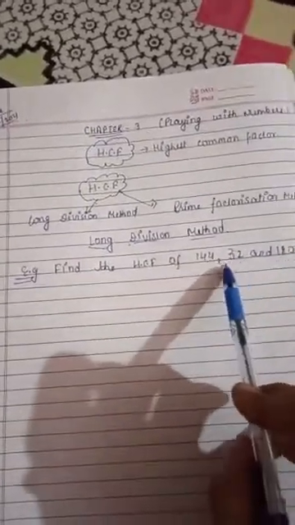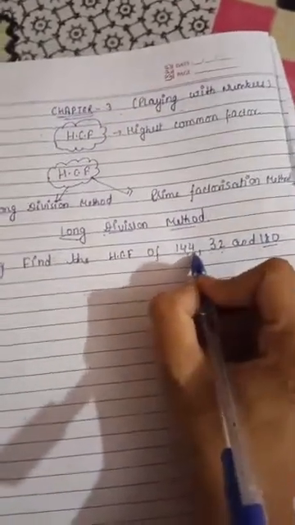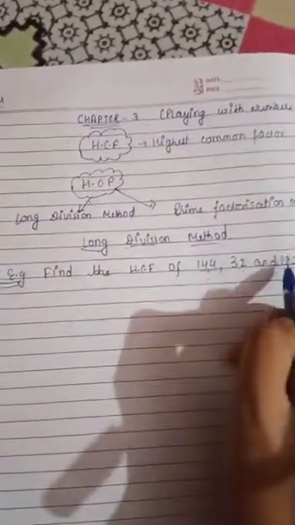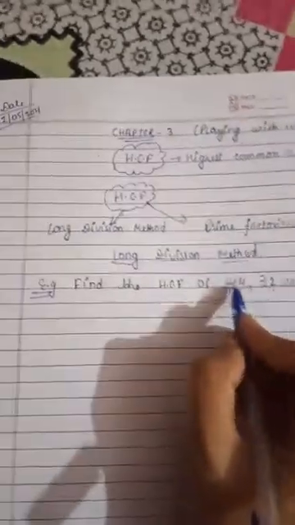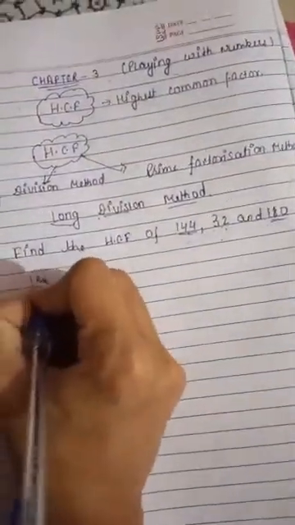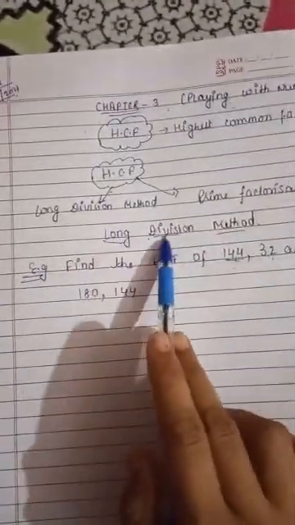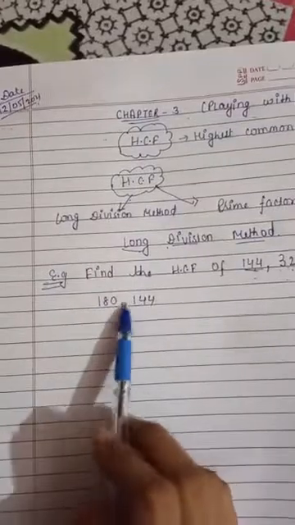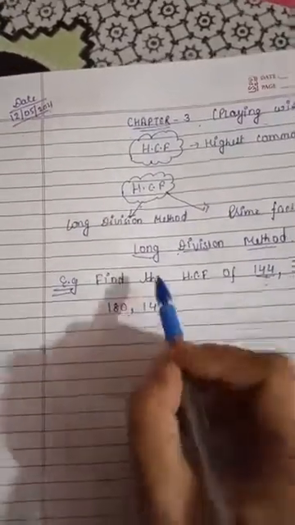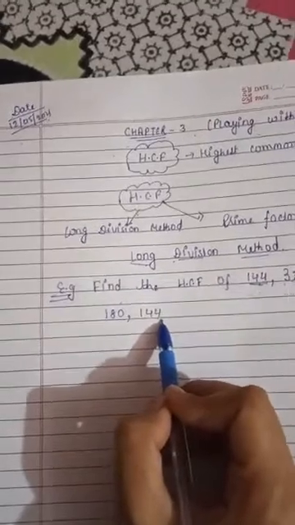We can take any two numbers. So I will take 180 and 144. In the long division method, we divide the greater number by the smaller number. The greater number is 180 and the smaller number is 144.